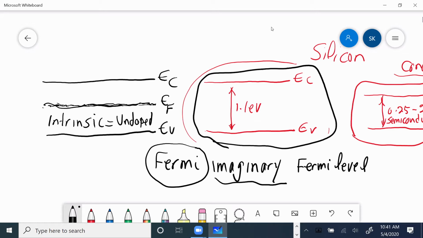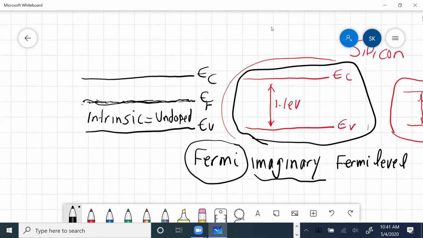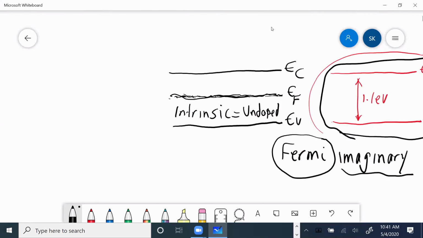That energy level can either be inside or outside, and we ask where. So let's begin by saying, if it's in the middle, that semiconductor is intrinsic. If this imaginary energy level is not in the middle, but is closer to, for example, the conduction band, it means it's N-type.